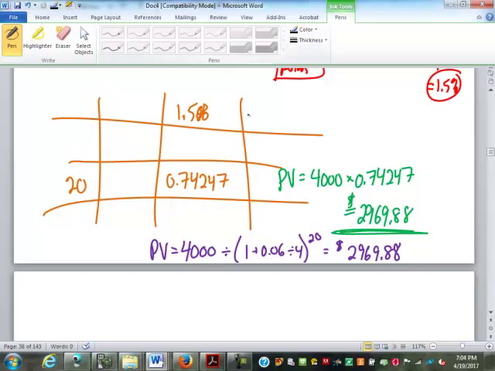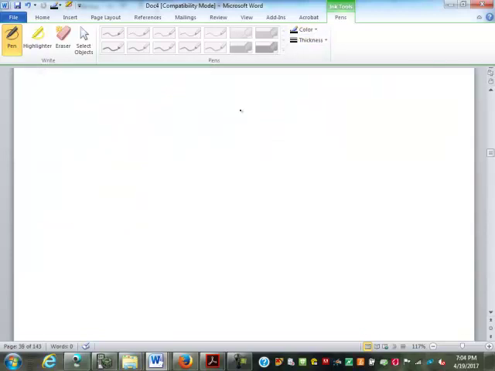Okay, so there was a third table in there that we flipped past. This third table is on page 472.